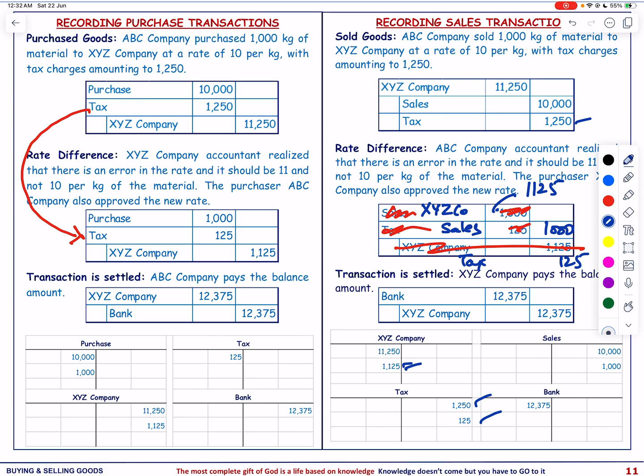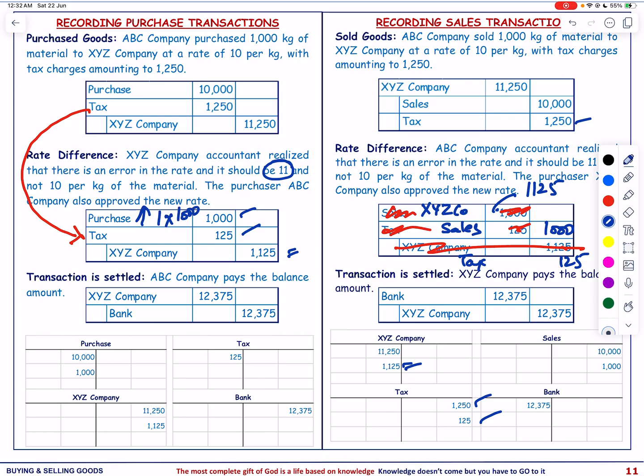So if the purchase is going to increase, in this case obviously the rectification journal entry is going to be the mirror image of the initial journal entry, that is purchase is debit, tax is debit, and XYZ is credit, because the difference in purchase has to be increased by 1 times the total kg, that is 1000.